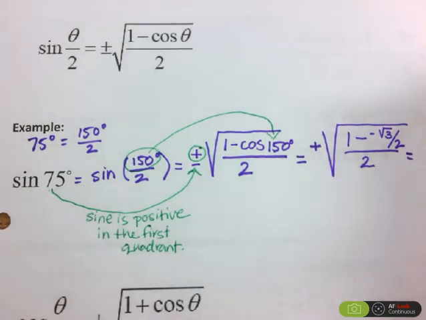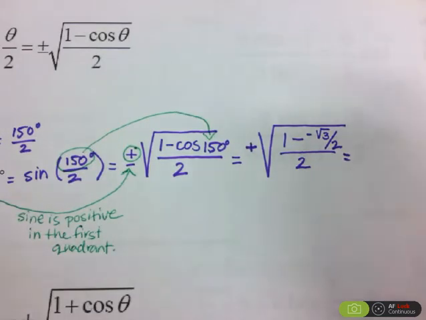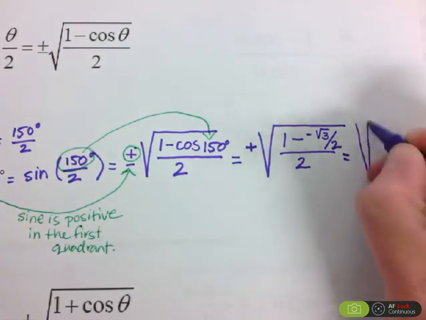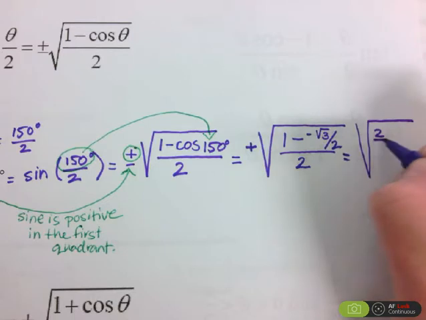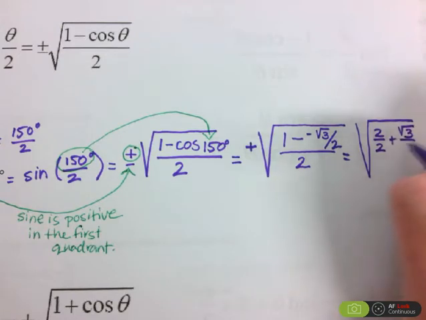So this is going to give me 2 over 2. Instead of minus negative, what can I write? Plus. Plus root 3 over 2 over 2.